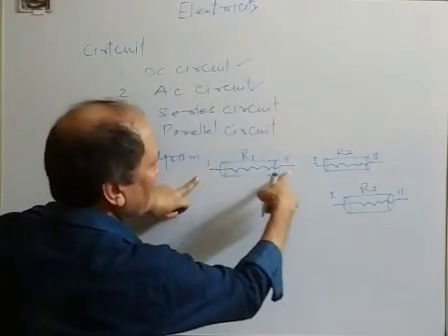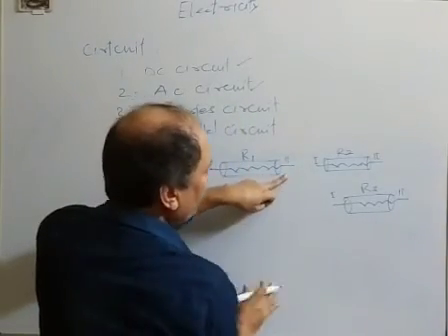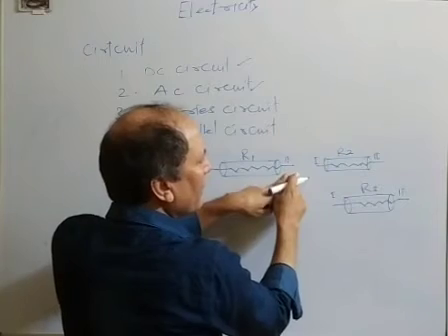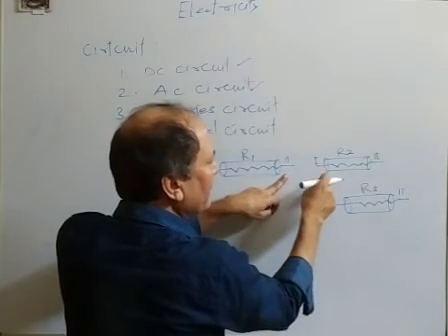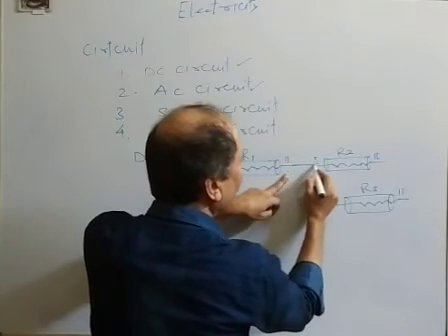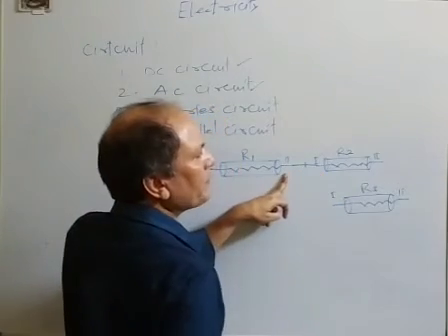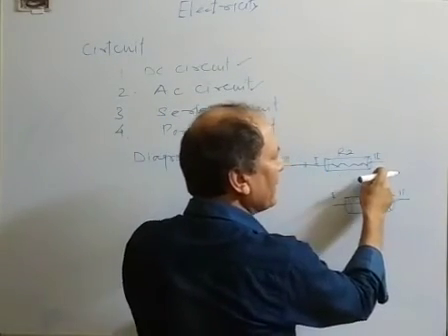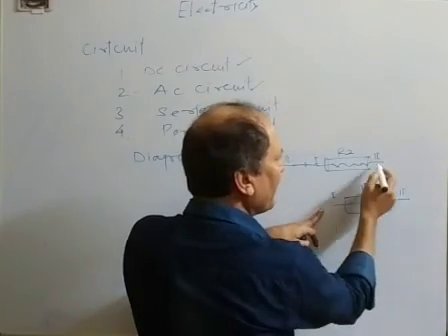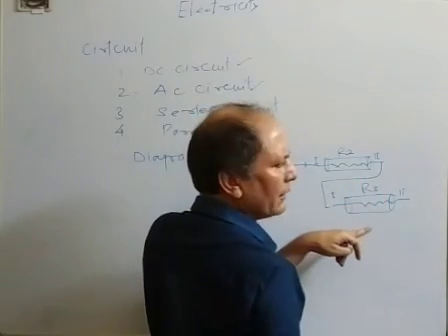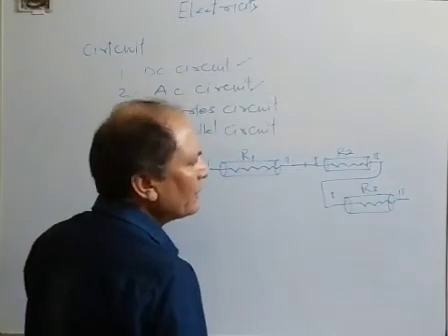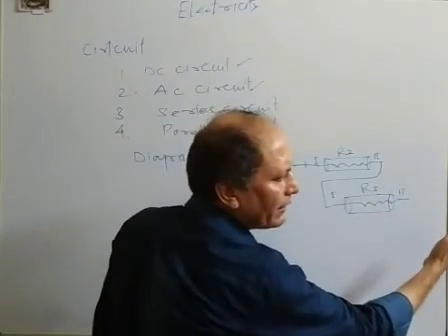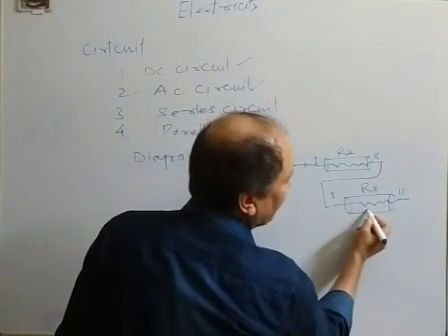So the second terminal of the first resistor is connected with the first terminal of the second resistor. Now the second terminal of the second resistor is connected with the first terminal of the third resistor, and after the third there is no resistor, so it means it is the last.